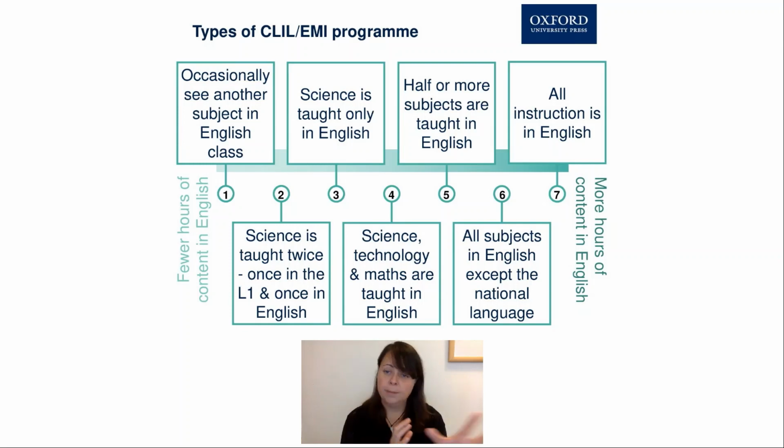So we have some 2s. Wow, we have a 6 there. So maybe that's an international school. So nice, lots in the 1s and 2s, and then a couple right up to the 6. And I think I saw a 7 whizzing past. So thank you so much for sharing that. I think it's interesting to know what our colleagues are doing.